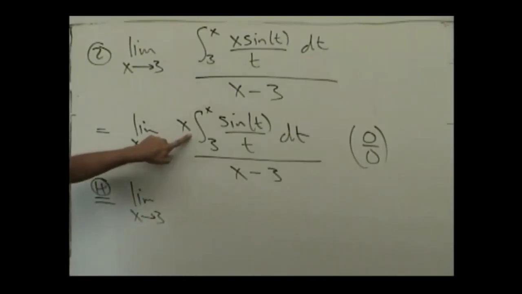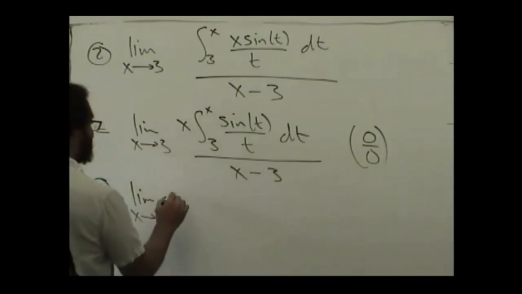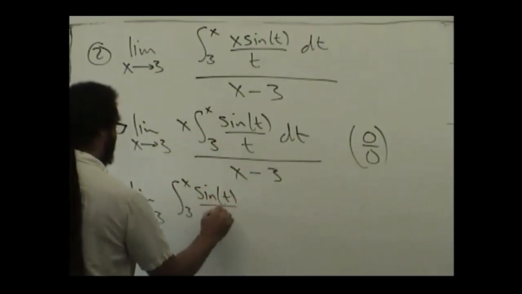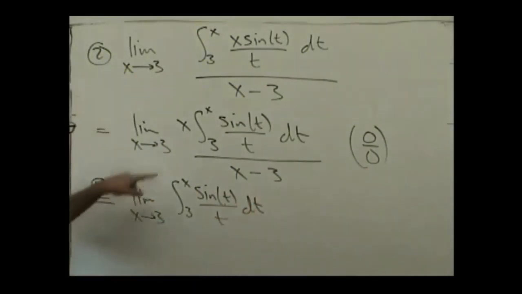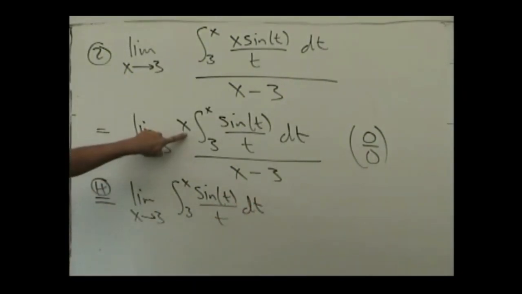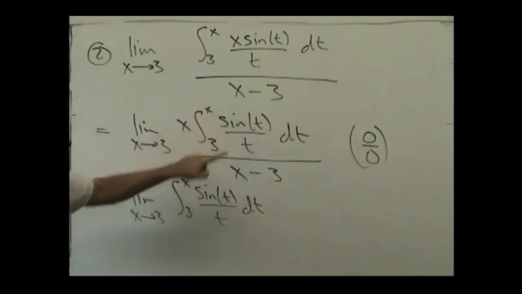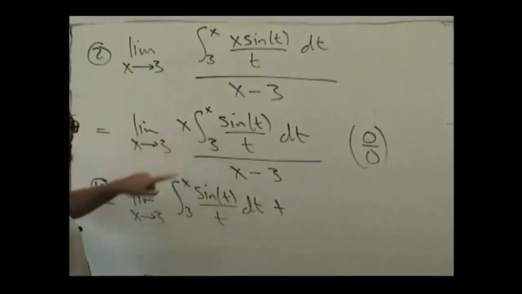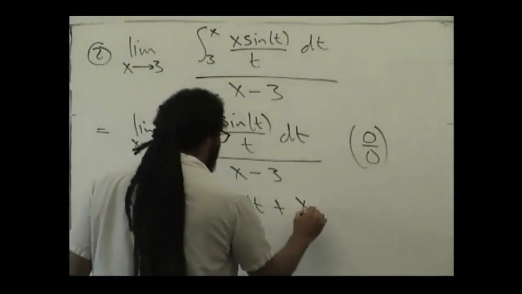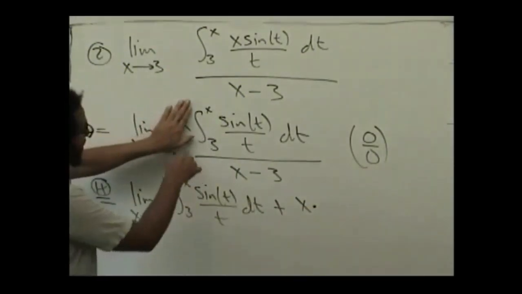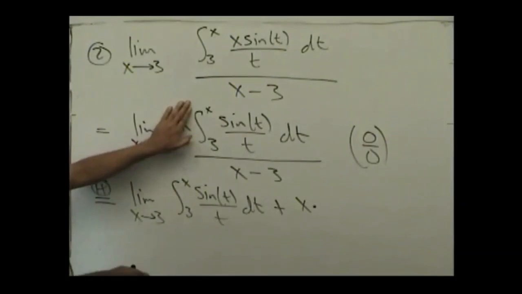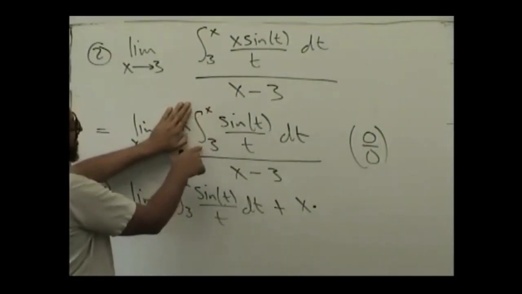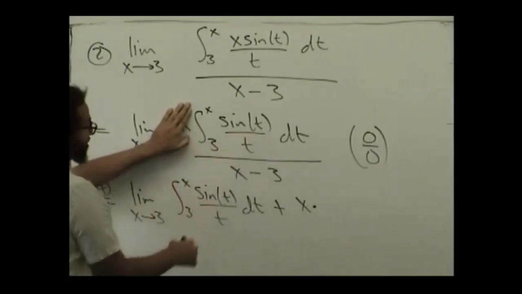Right, so it's the derivative of the first thing times the second. So the derivative of the first thing is 1 times the second thing, it's just this integral, plus the first thing times the derivative of the second thing. So x times, and now what's the derivative of the second thing? Well, according to the fundamental theorem, you just cancel off the integral sign and replace t by x.